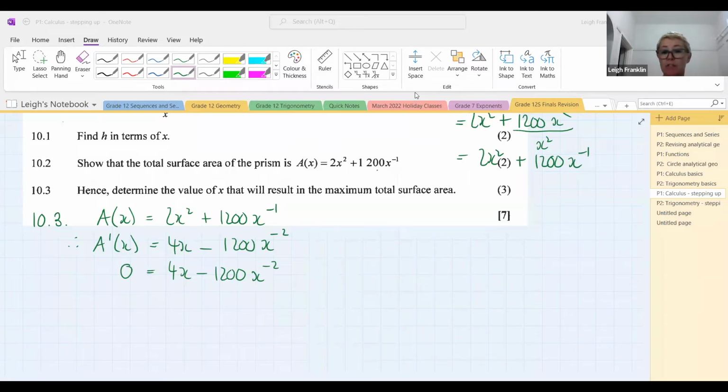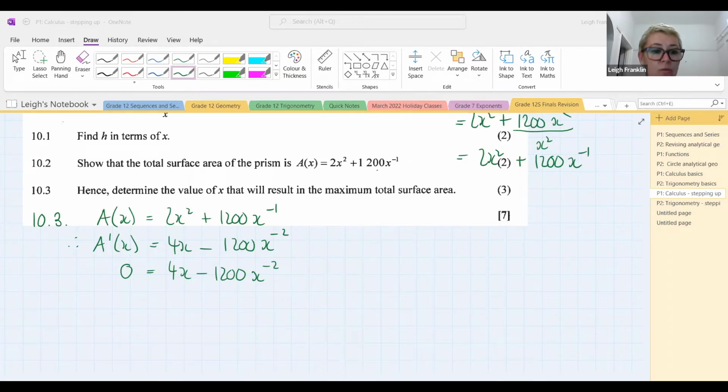We're not allowed to divide by a variable for a couple of reasons. Number one, we lose solutions if we divide by variables. Number two, what happens if x is equal to 0? Then there would be an undefined answer. So we're never going to divide by a variable.